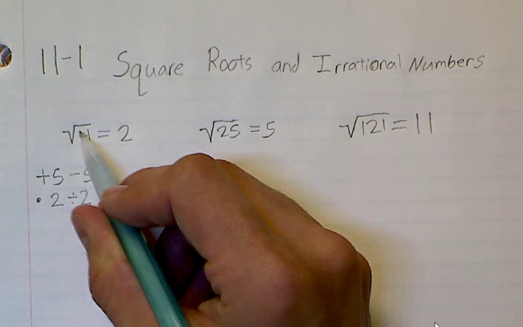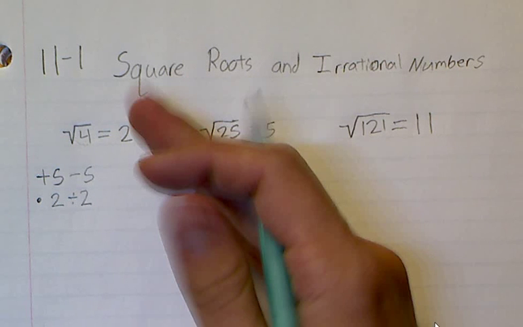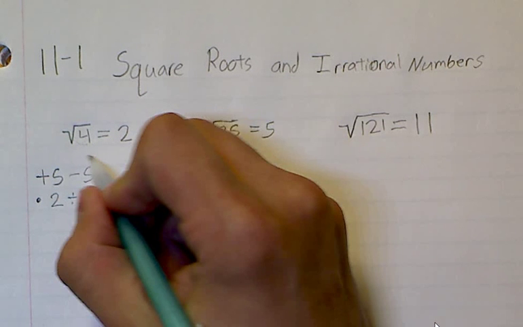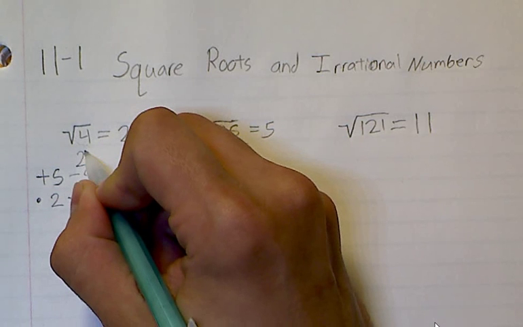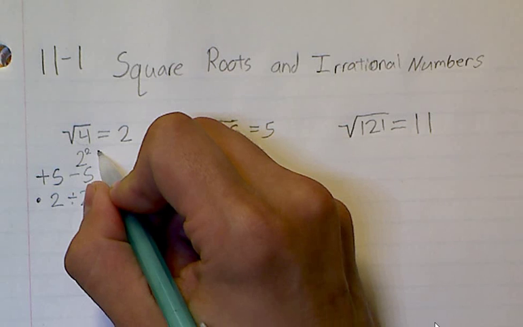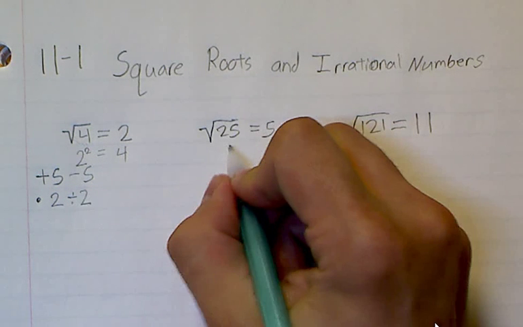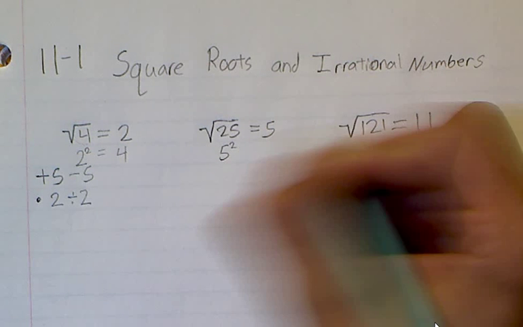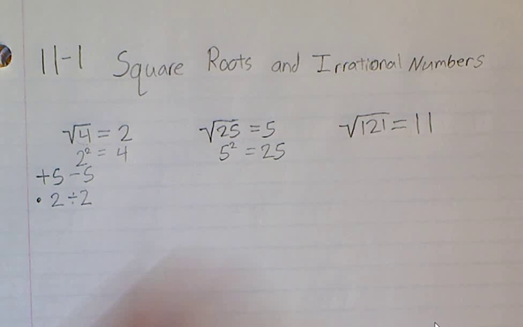So the square root cancels something out. It's the opposite of squaring. So for instance, if I have 2 squared, I get 4. If I have 5 squared, I get 25.